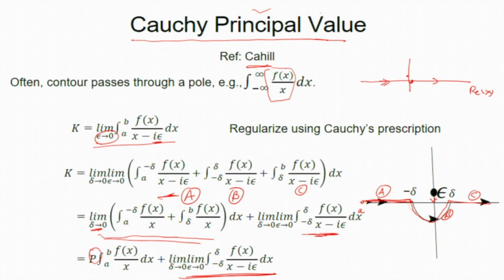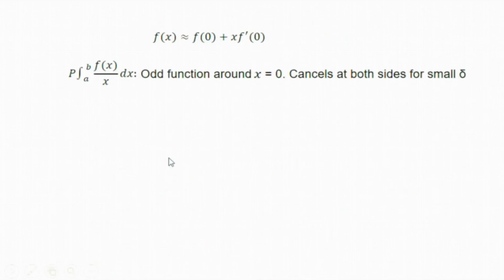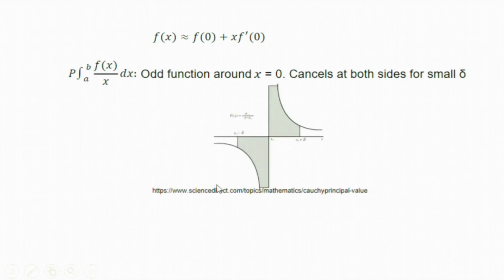Of course, you may ask, what is the guarantee that the principal value is a finite number? Is it converging or not? There is a simple argument, a nice argument again by Cauchy. So, look at this picture. I can expand this f(x) around the origin, the singularity is at x equal to 0.